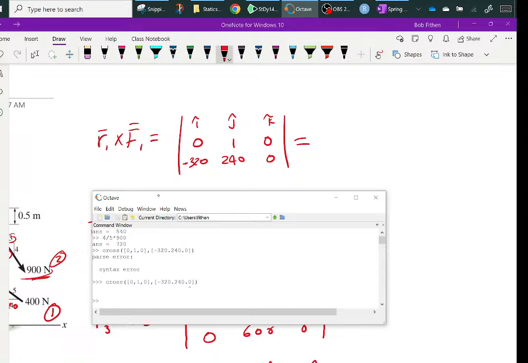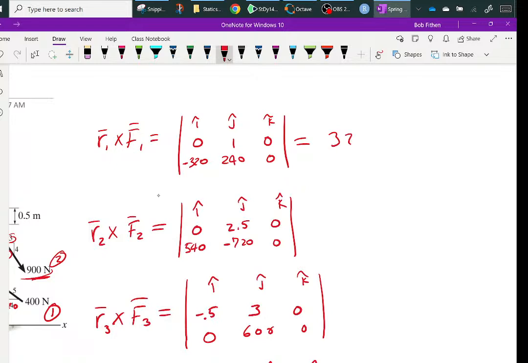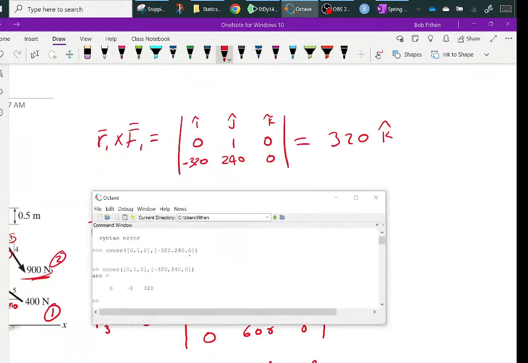Close it out. I didn't like the fact that I made a mistake. Hit the wrong key. 320. So it's 320K. Is that right? Yeah. They're all going to have a K component.